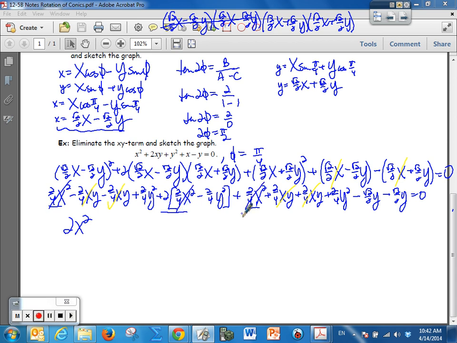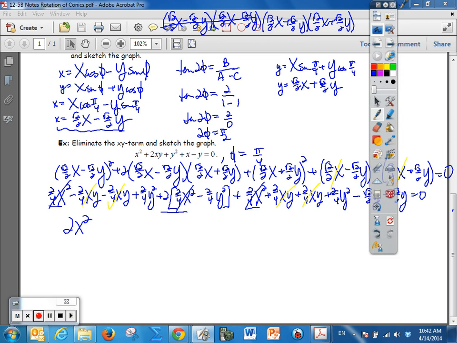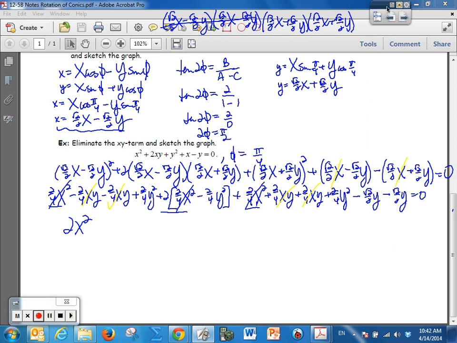Okay? So let's look at the y squareds. I have a 2/4 y squared, that y squared, and that one. So I have 2/4 y squared minus 4/4 plus 2/4. What is that going to give me? They're gone, aren't they? So, sorry, y squareds, you're gone.